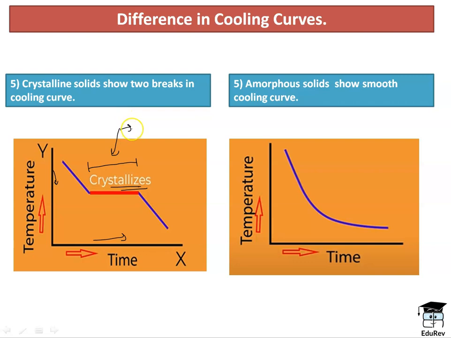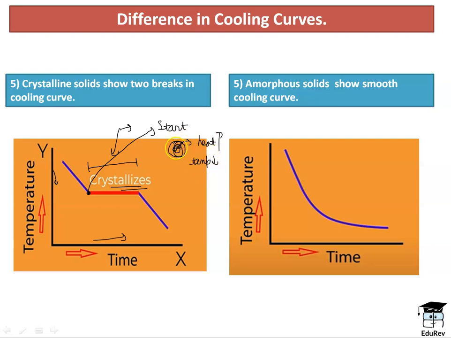And what exactly happens during crystallization? At this point, the crystals start to form, and whenever crystals start to form, they release some internal energy. They release their heat. But we are providing low temperature. We are cooling it down externally.